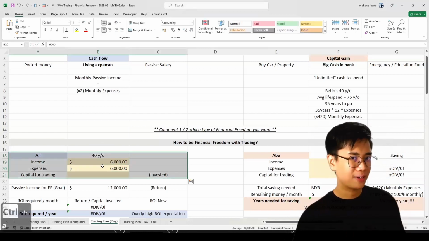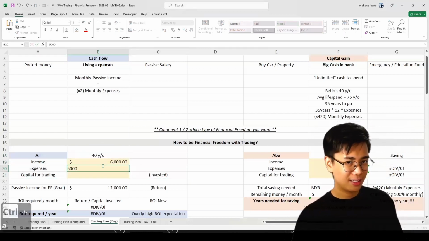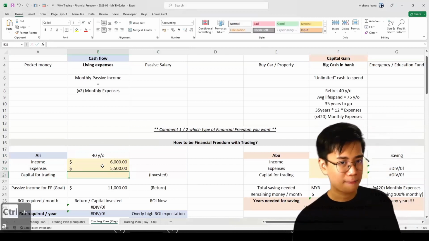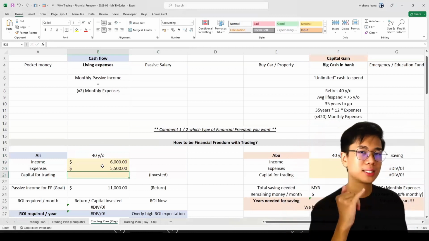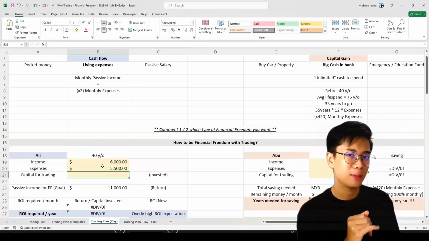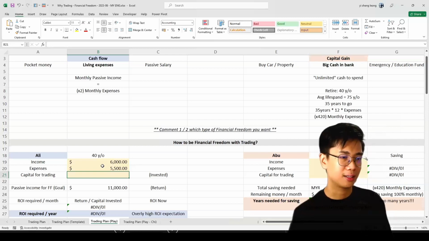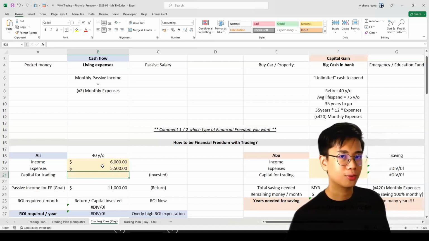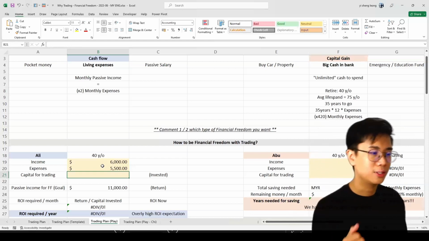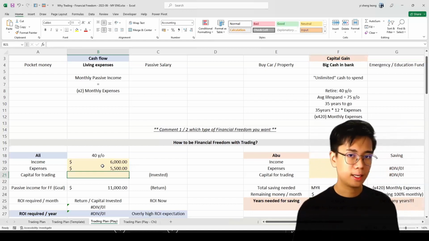Okay, 5,000. 5,500 is quite normal. Now, for a 40 year old with an income of 6,000, for sure you have some money to save, right? How much is the capital that you're ready to use for trading in ringgit?